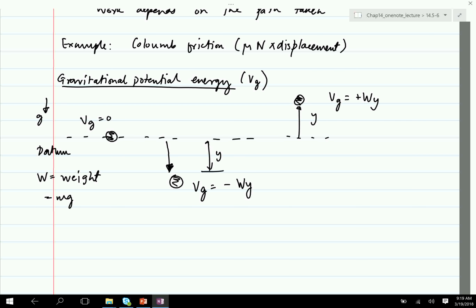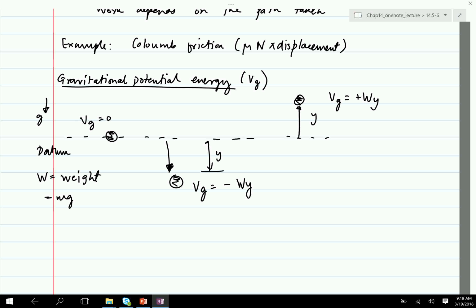While when you move things up, the work done is negative because the force is down while the displacement is up. So when the force and displacement have different directions, you have negative work done. So work done is negative but potential is positive. Work done is positive but potential is negative. Don't get confused. Just remember one of the two, and then for the other one just switch the signs.